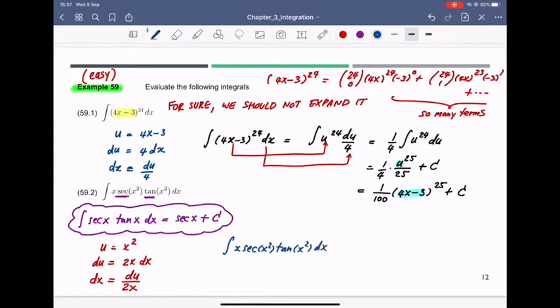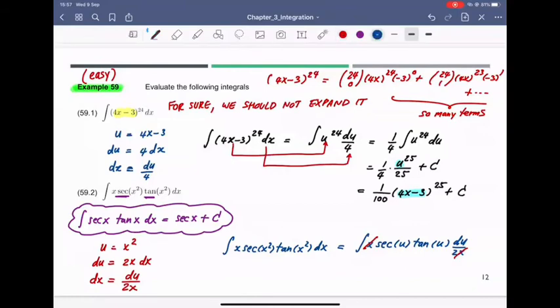This is just the question. So I say x squared is my u, right? And my dx is going to be du over 2x. All right, x cancels. Sounds good.